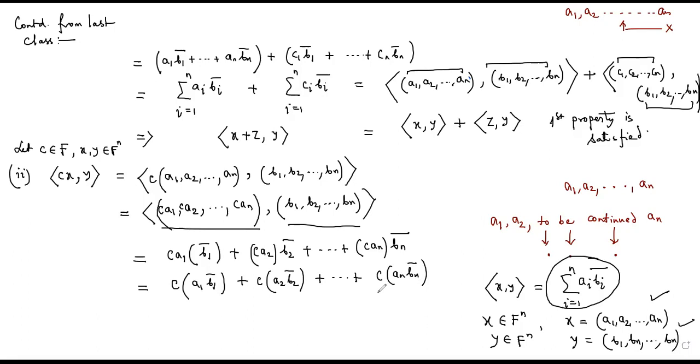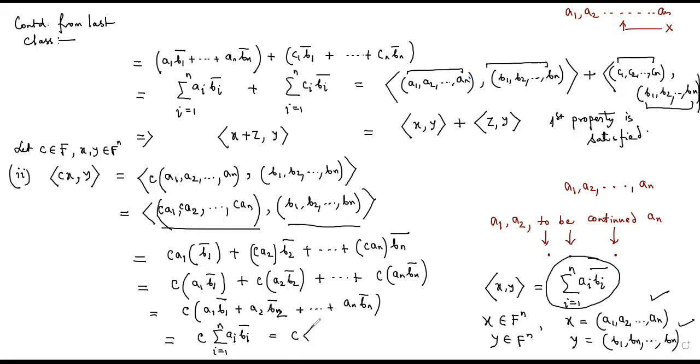And then we can take C common, and we can write it in the following manner. Okay. And what is this? A1 B1 bar, A2 B2 bar, and AN BN bar. What is this? This is your C into summation, I goes from 1 to N, AI BI bar.